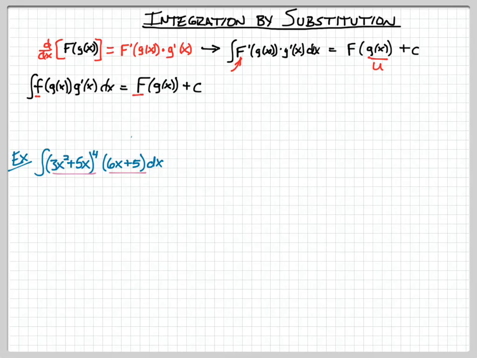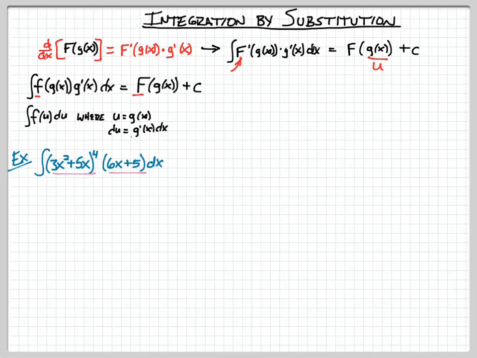But what if we called this g of x u? This is going to change a little bit of the notation, but it's another way to look at this integral. So we've got f prime of u with respect to u, where u equals g of x, and du is equal to g prime of x with respect to x.